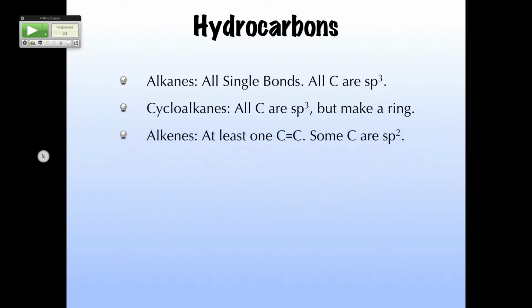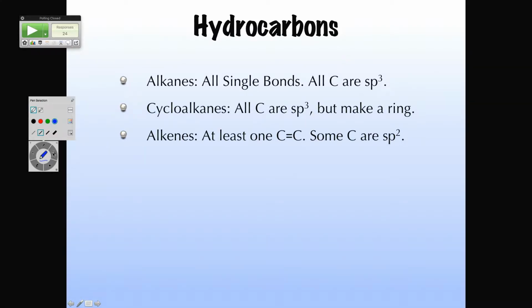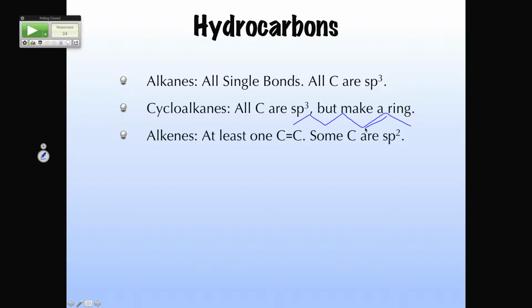Okay, here are alkenes. Alkenes contain at least one carbon-carbon double bond. So those carbons are sp2 hybridized, but you can have a whole bunch of other ones that are sp3 hybridized. So for example, I know I'm going to have to erase it. Okay, that compound is an alkene.